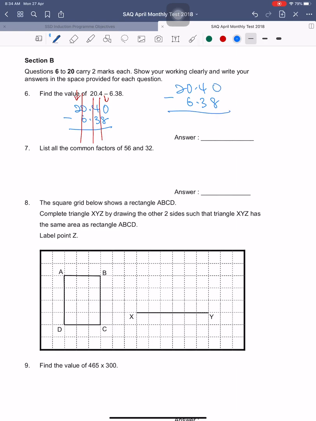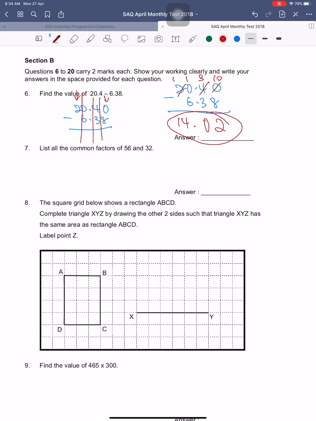Put a 0 here if you want. 0 minus 8 is not enough, so borrow. 10 minus 8 is 2. 3 minus 3 is 0. 0 minus 6 cannot, borrow. 10 minus 6 is 4. Sorry, there's one more, 1 minus 0. So it's 14.02.